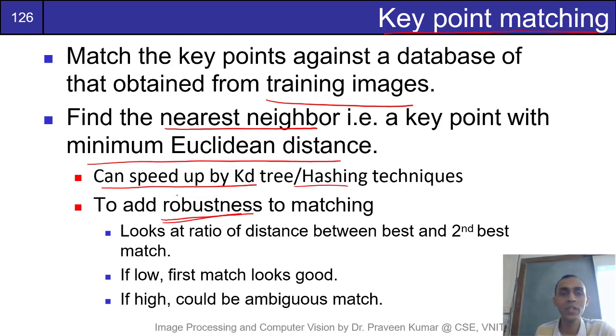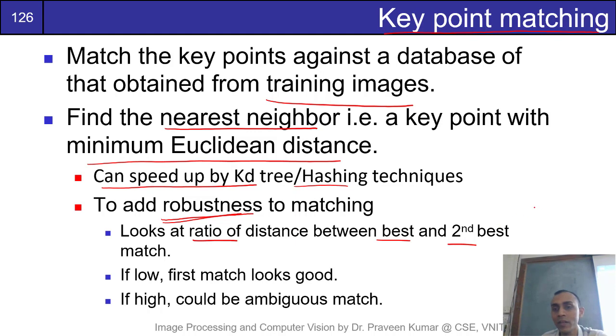To add robustness to that matching, they used a kind of trick. Instead of just using the best match with the minimum distance, they found the first best match and the second best match, and then they took a ratio of the distance between the first best and the second best.